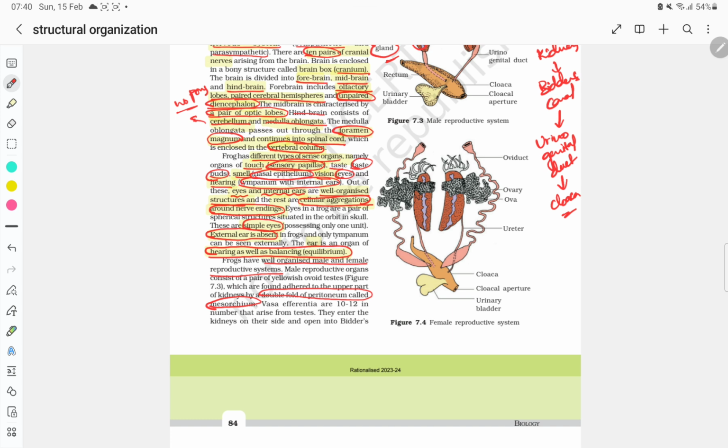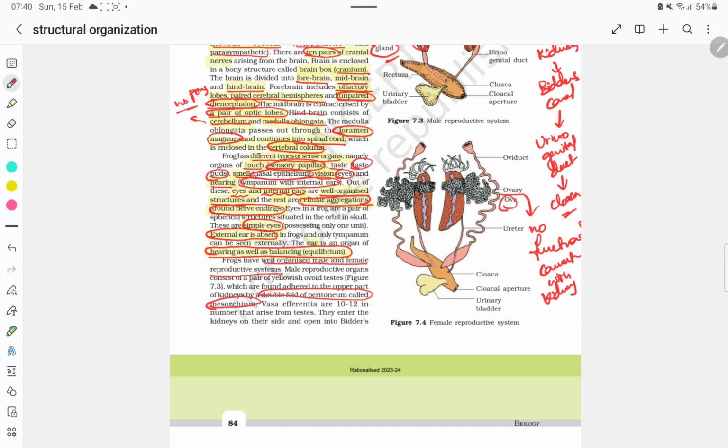Coming to the female reproductive system, a pair of ovaries are present near the kidneys, but these ovaries are not at all functionally connected with the kidneys. The ovaries release ova.